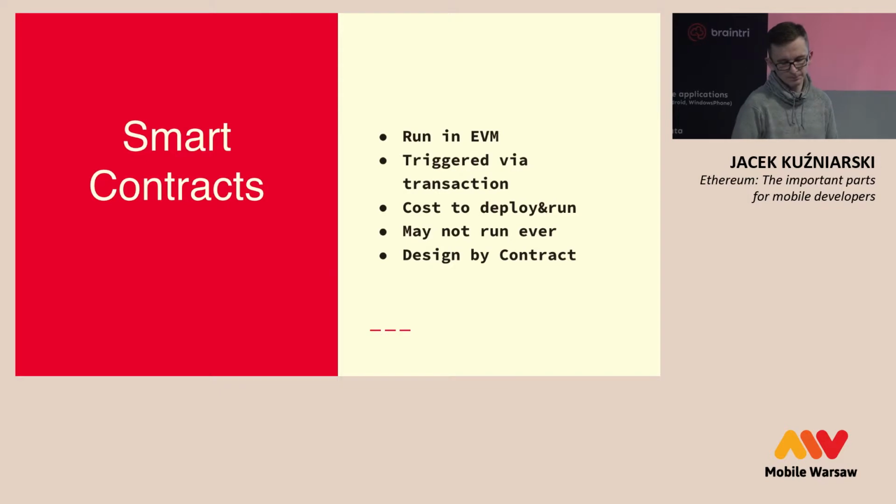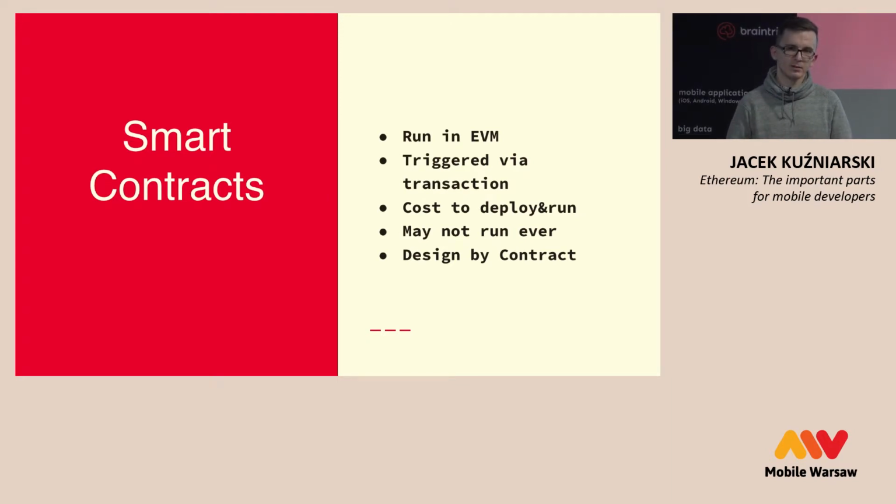But smart contracts are beasts of themselves. They run in EVM. This is technology provided by the Ethereum blockchain. You can set up your own EVM and run smart contracts via this. And this is triggered via transaction.